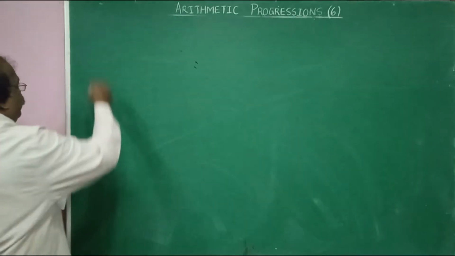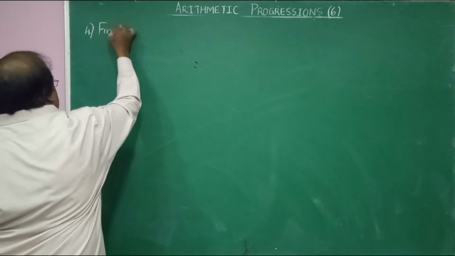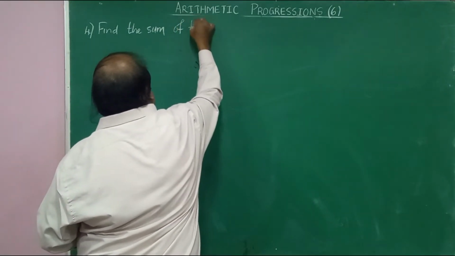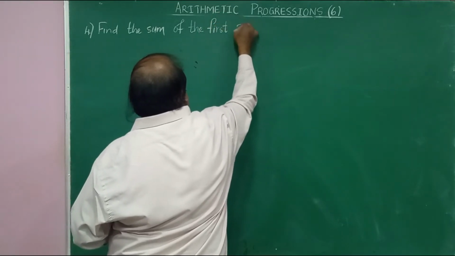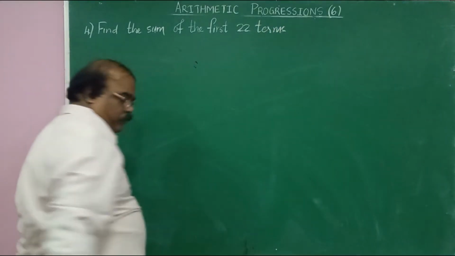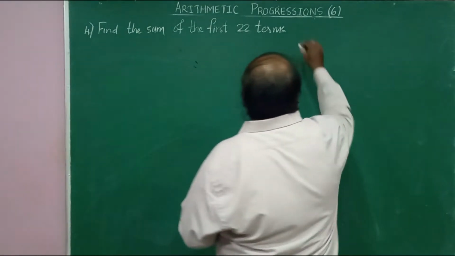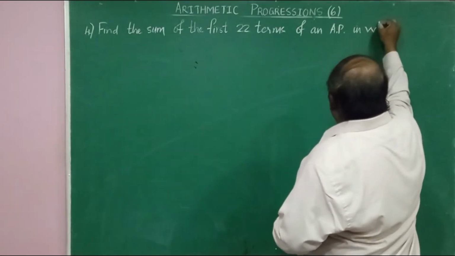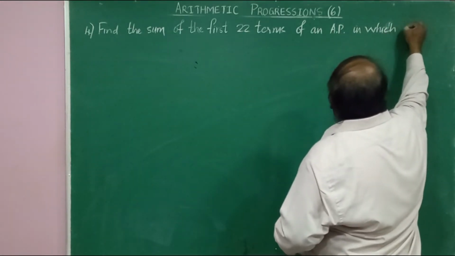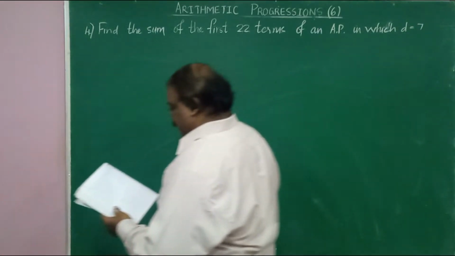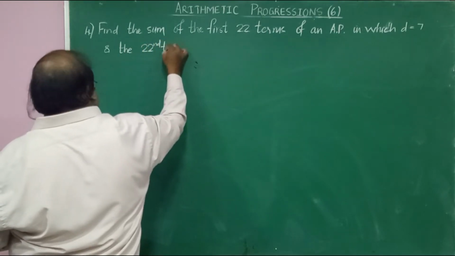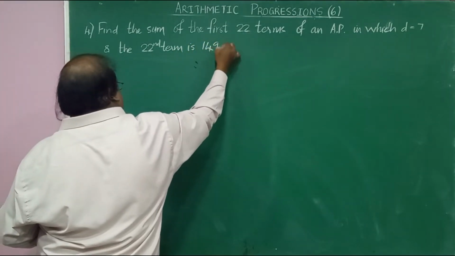Question number 4. Find the sum. My next question is, find the sum of the first 22 terms of an arithmetic progression in which d is equal to 7, that is common difference is 7, and the 22nd term is 149.